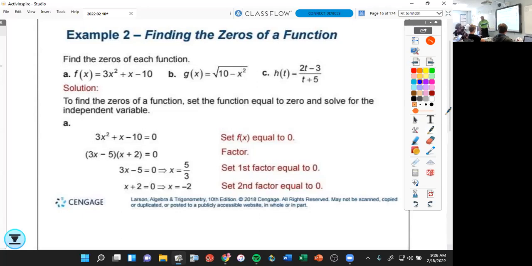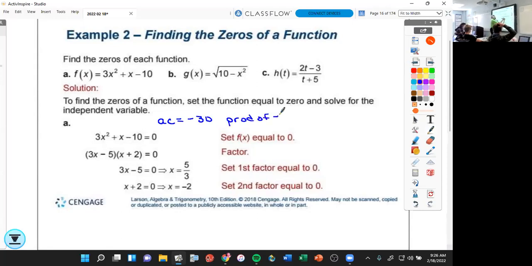Do y'all want me to write that out, the grouping piece of that? AC is -30. I need a product of -30 that combine to what number? 1.